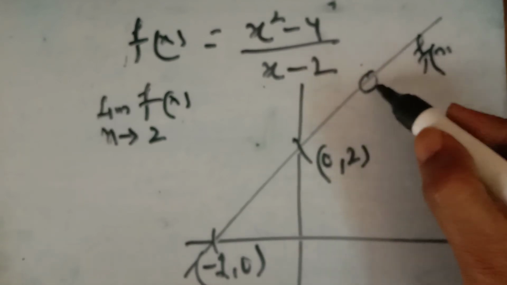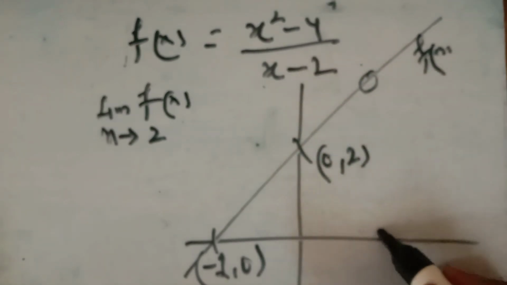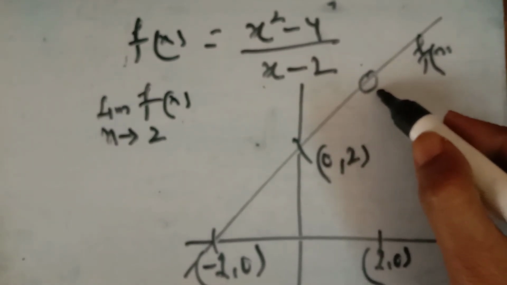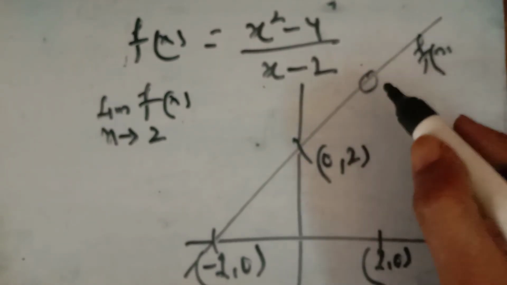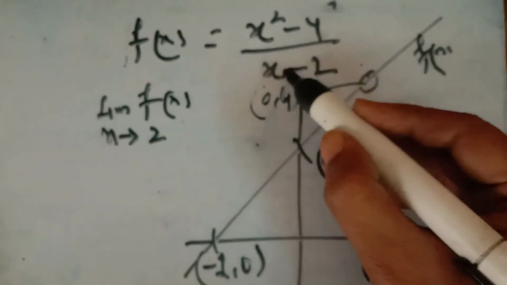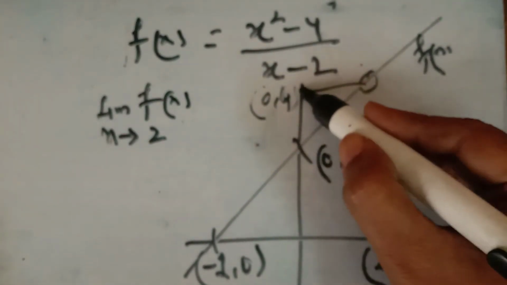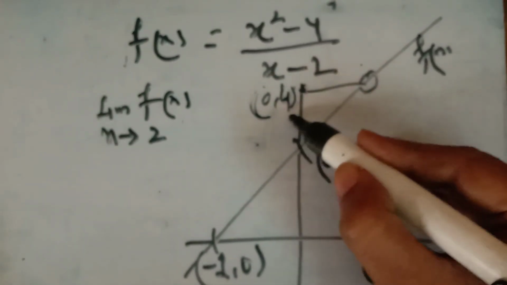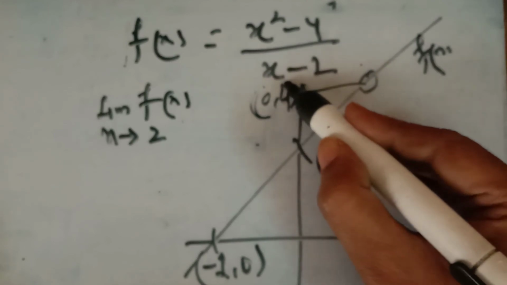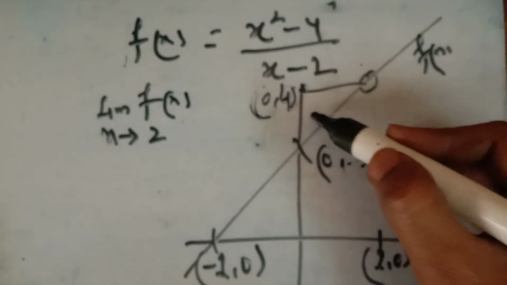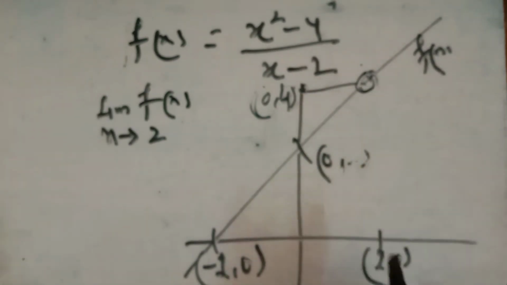The value of this function at x is equal to 2 is not defined, so I have taken this as a hollow circle.